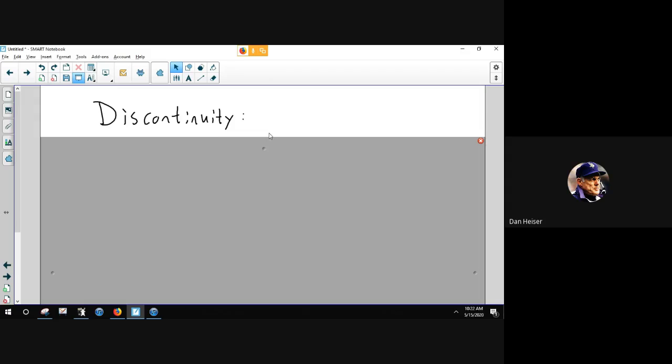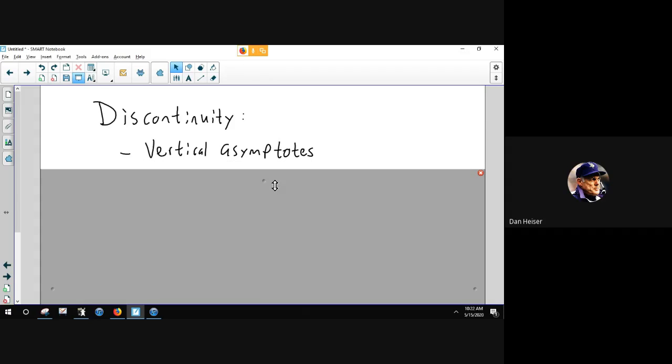In fact, rather than define the term, because the definition is a little on the funky side and can get somewhat abstract, I'll use examples to help us get a sense of what it is. Any vertical asymptote is a discontinuity. That's a place where we have to pick our pencil up, jump over the asymptote, and continue.